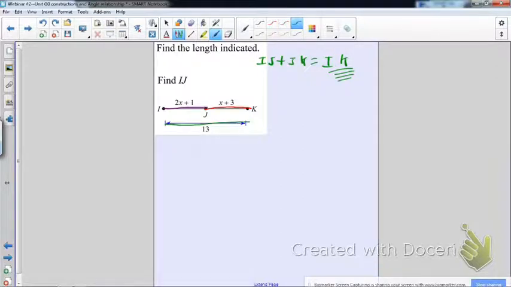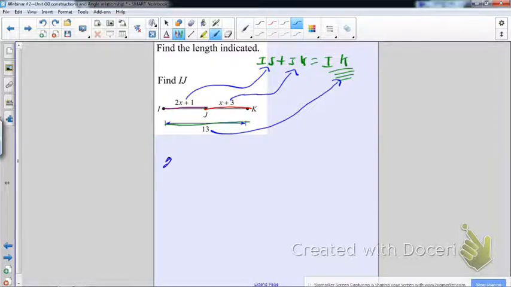So all we want to do now is substitute what we know. I'm going to substitute this into here, this into here, and then substitute the total, which is my IK, as you can see here. Now we just put it all together and simplify.